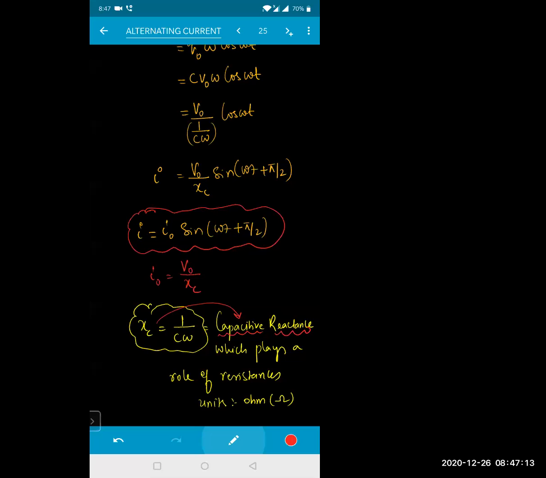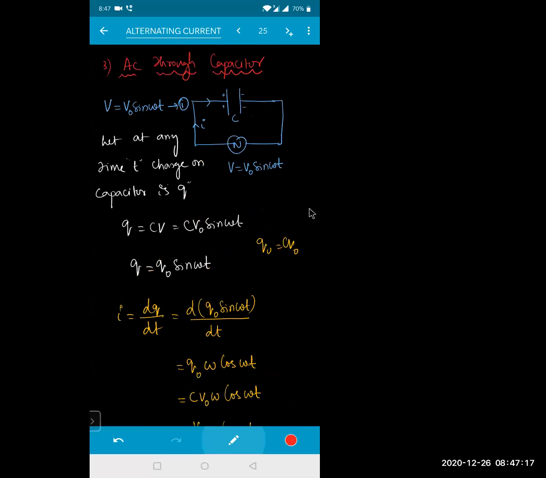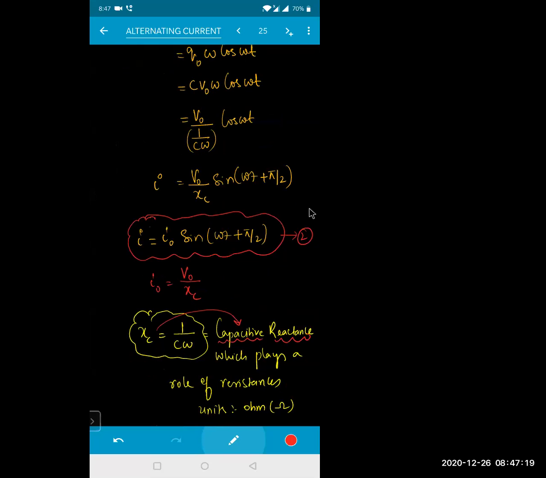Now if I see equation number 2 and equation number 1: equation 1 is sin omega t, equation 2 is sin omega t plus pi by 2. That means who is ahead? Current is ahead.